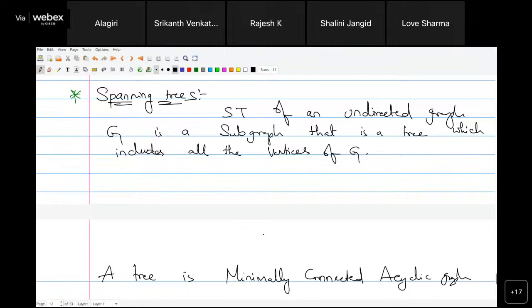So every spanning tree is a tree, but not every tree is a spanning tree. There might be a few trees which are not spanned from any graph. They might be the graphs themselves. To understand the difference, spanning trees are always spanned from some undirected graph G, and trees are one type of graph.